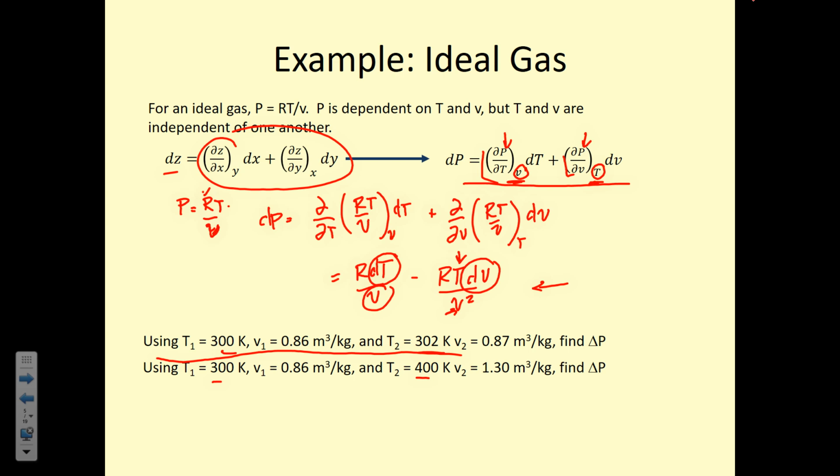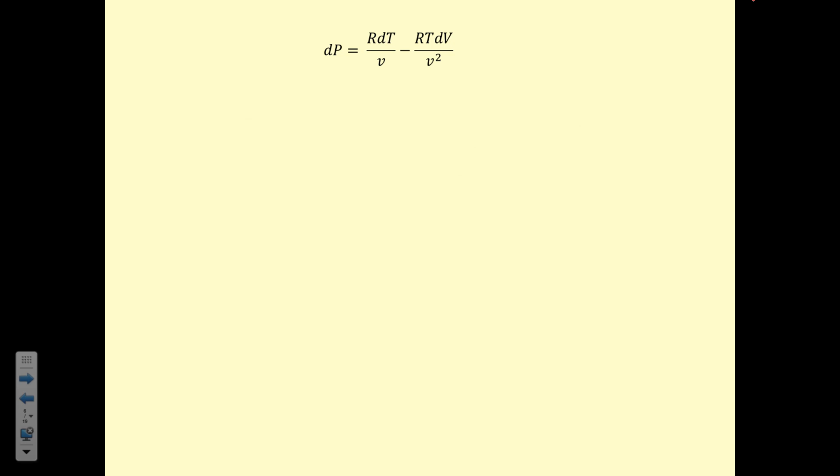We're going to calculate how the pressure will change over that interval, and then we'll compare it to the actual value and see how much percent error we have. Okay, so let's plug it in.